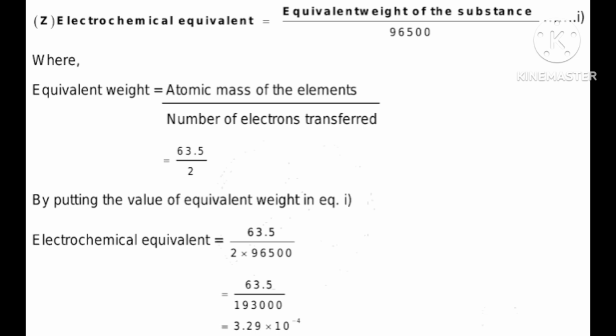When one compound of a metal is converted into another compound of the same metal, then weight of compound 1 divided by weight of compound 2 is equal to equivalent weight of metal plus equivalent weight of anion of compound 1, divided by equivalent weight of metal plus equivalent weight of anion of compound 2.